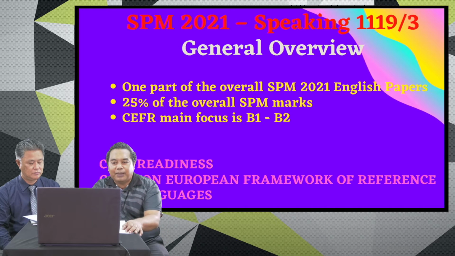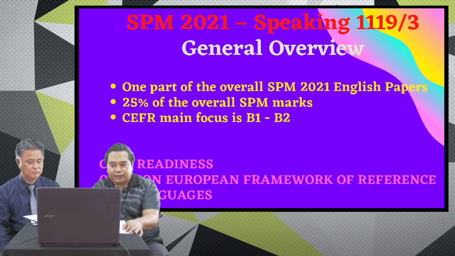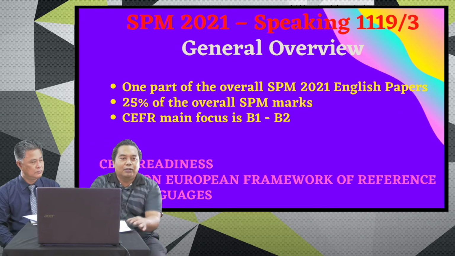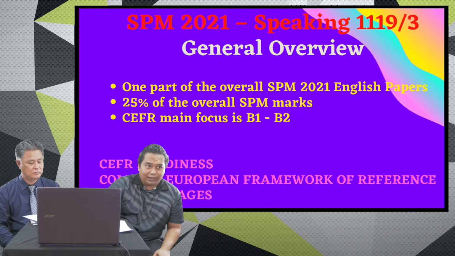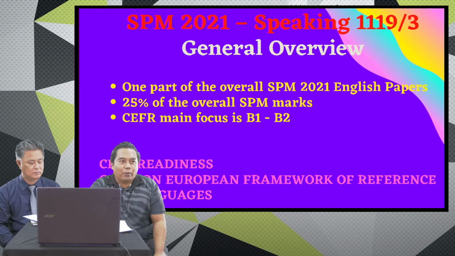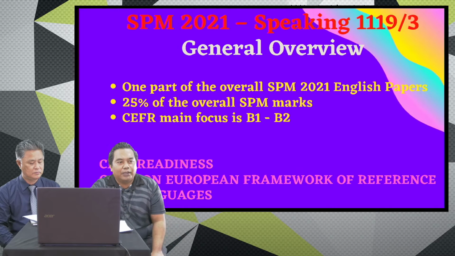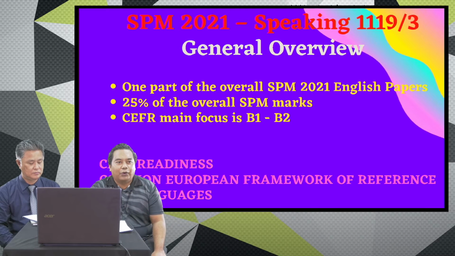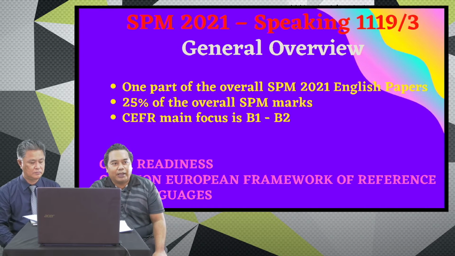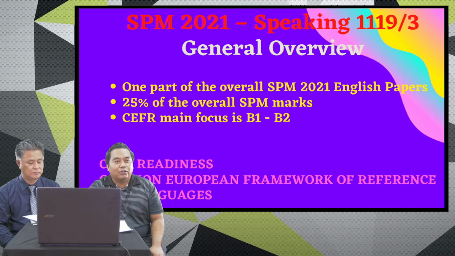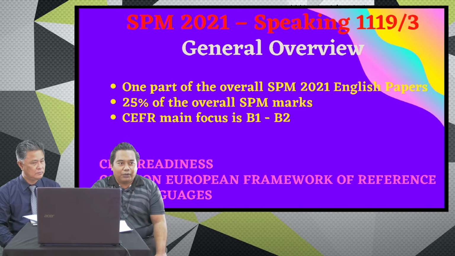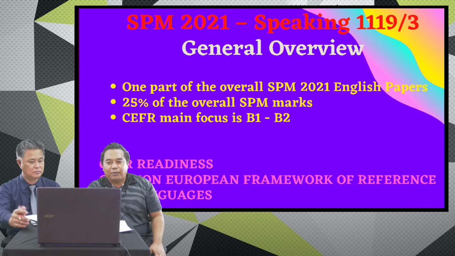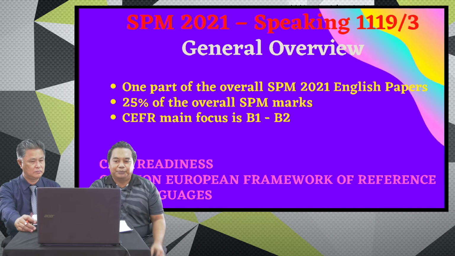It is 25% of the overall SPM marks. The 4 skills will be weighted the same: 25% for writing, 25% for reading, 25% for speaking, and 25% for listening. And CEFR's main focus is from B1 to B2.